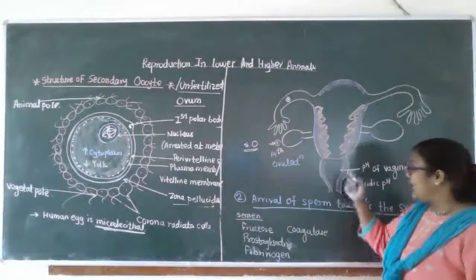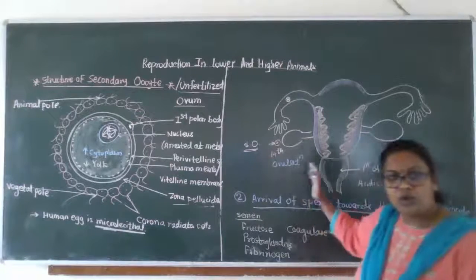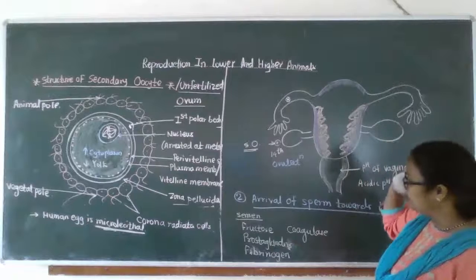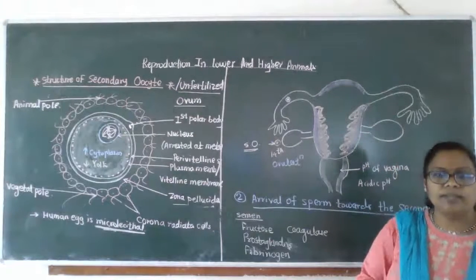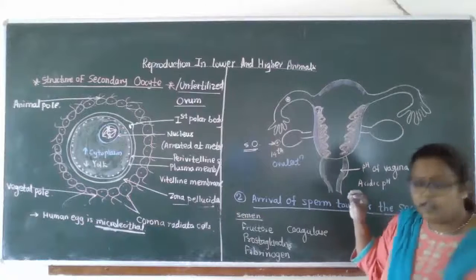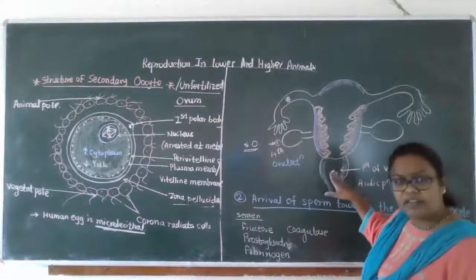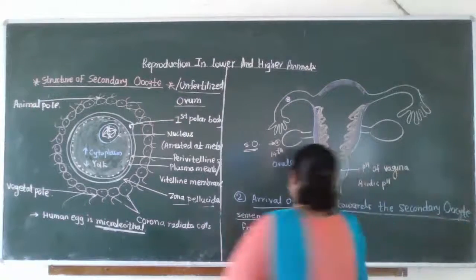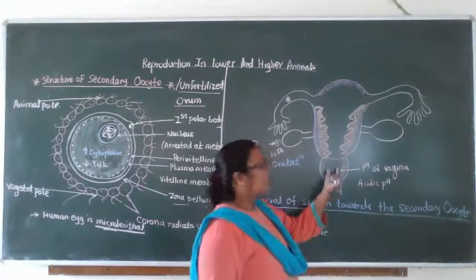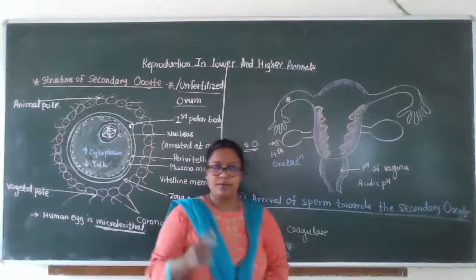During successful intercourse, near about 200 to 400 million sperms are ejaculated into the vagina. Half of the sperms get sacrificed by the action of this acidic atmosphere.